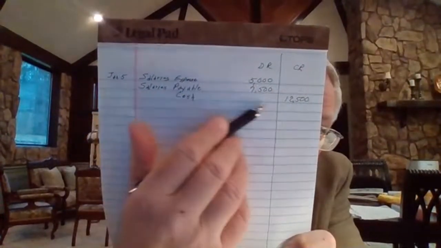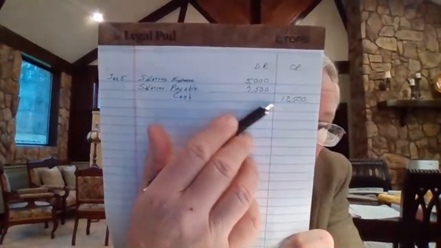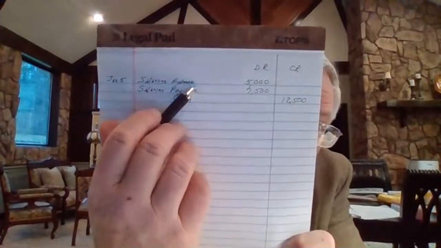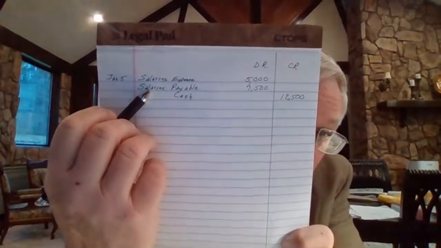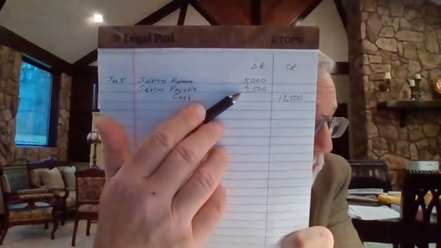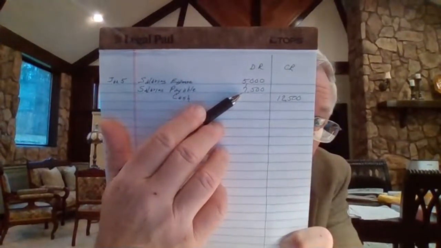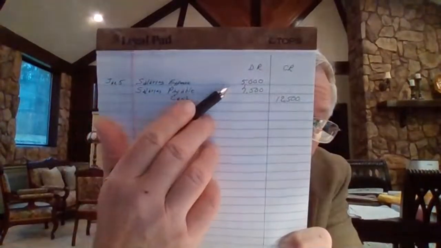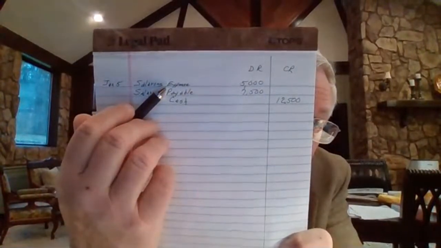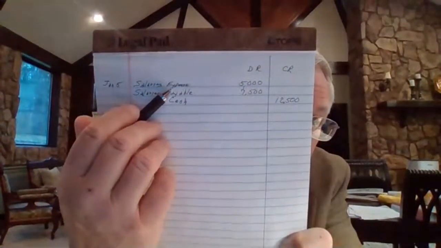So that $12,500 payment satisfies the salaries payable of $7,500 for Monday, Tuesday, and Wednesday, which was last year. And the difference for Thursday and Friday is the salary expense for the current year, for the first Thursday and Friday in January.